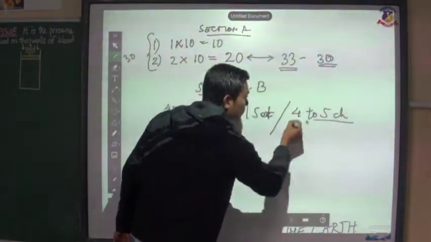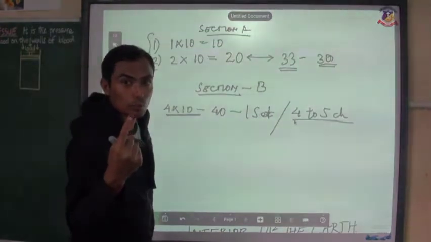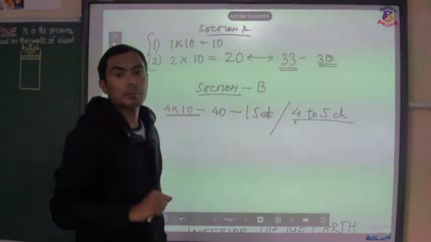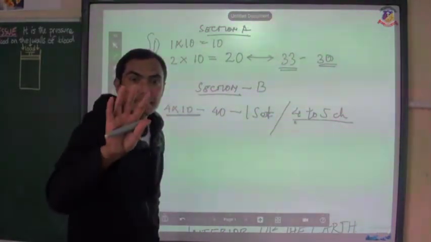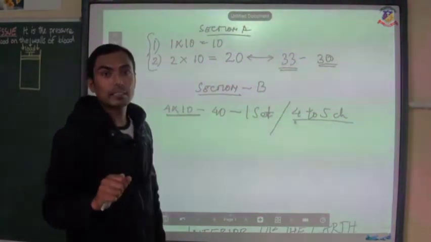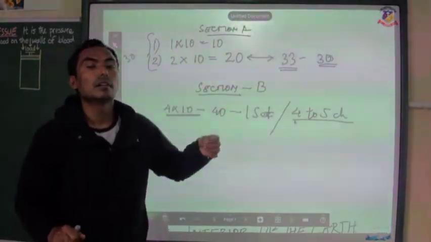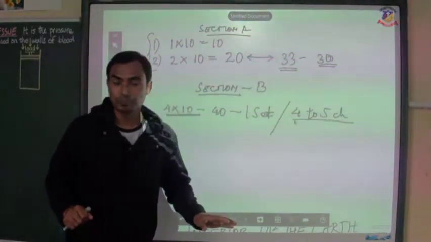It means that a set of questions will comprise minimum 4 chapters, maximum 5 chapters. So you have to put in more effort as soon as you come to class 11.